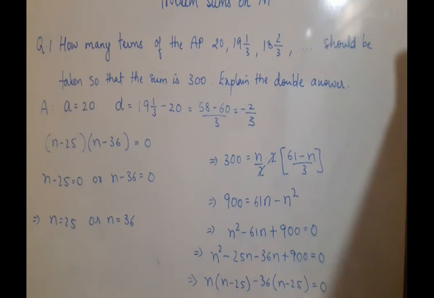The sum of the first 25 terms of this sequence gives us 300, and the sum of the next 11 terms gives us 0. How can the sum be 0 for 11 terms? The sum of the 11 terms can be 0 when some terms are positive and some terms are negative and they cancel each other. When such terms cancel each other, the sum is 0, and that is why we have got a double answer. I hope this is clear to you.